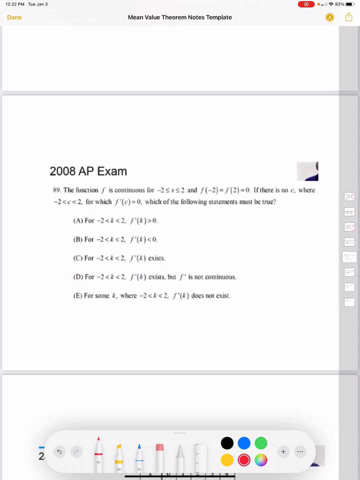I want you to notice right away there is no statement about differentiability. Okay, there's no statement. And so that leads us to letter E.